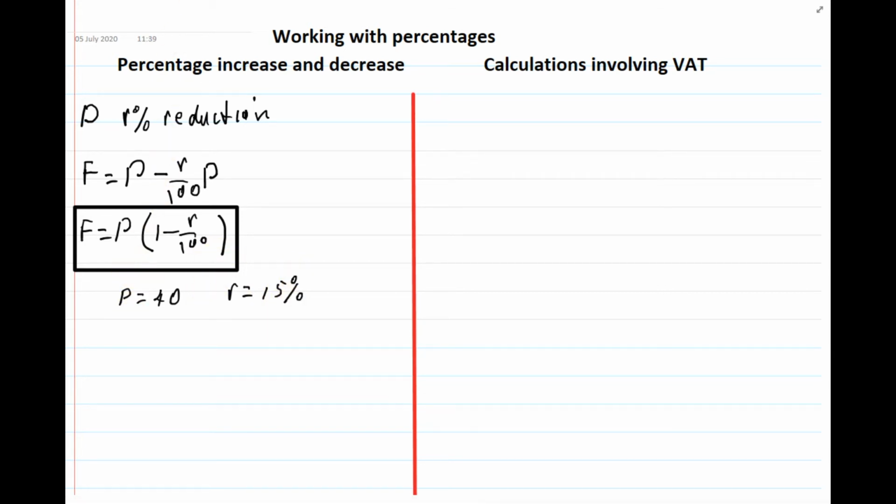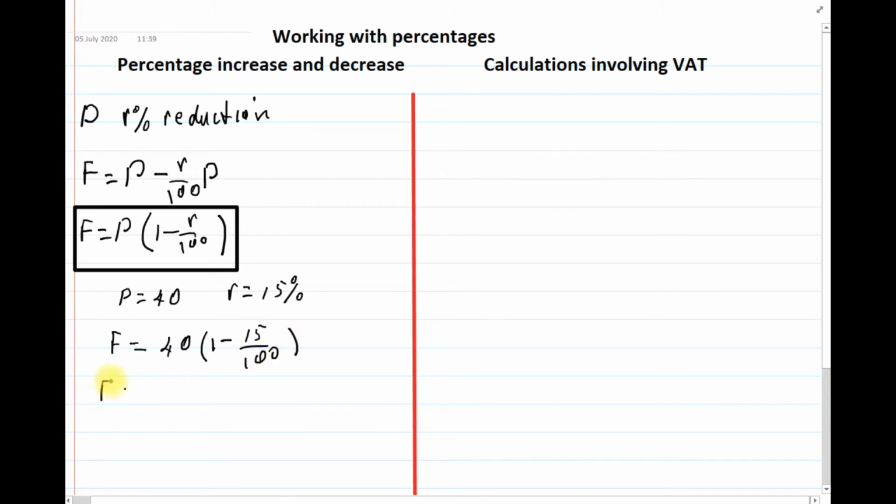So our final price F is equal to 40 times 1 minus 0.15.